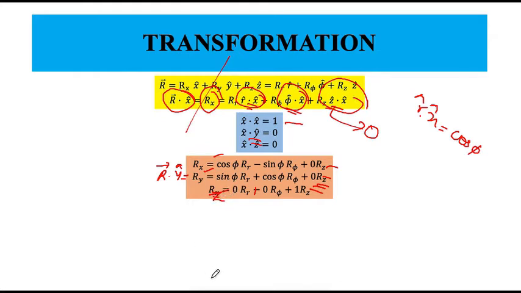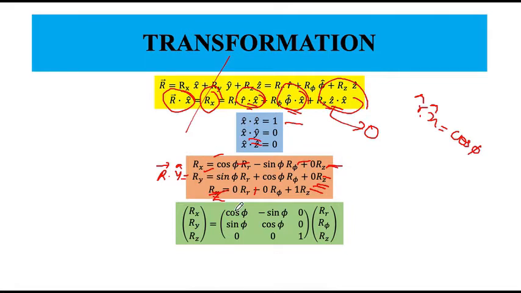If I know the component values of rr, r phi and rz, the transformation matrix takes me from cylindrical to rectangular coordinate system, and the matrix is cos phi, minus sin phi, 0; sin phi, cos phi, 0; 0, 0, 1. This is a 3 by 3 matrix which transforms any vector in cylindrical coordinate system into rectangular coordinate system.